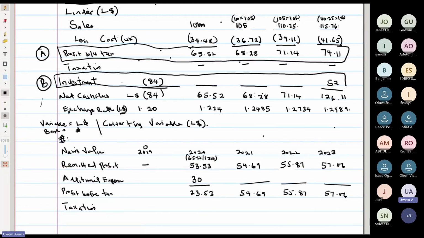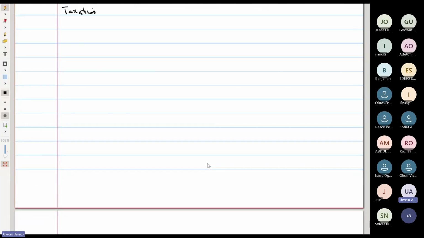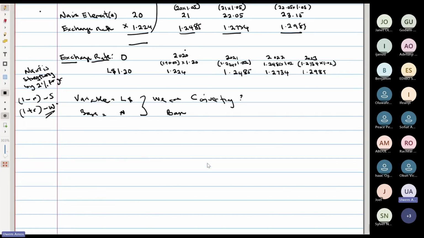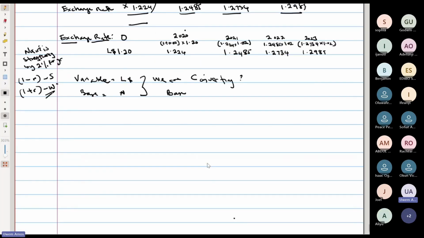And then we also moved to the repatriation of the funds from the foreign subsidiary to the home country. We stopped at the point where we're computing taxation, and we explained the concept on taxation as it relates to international investment appraisal.